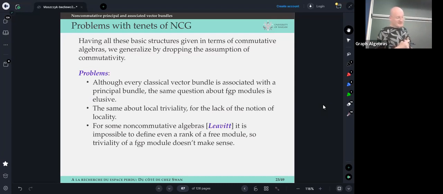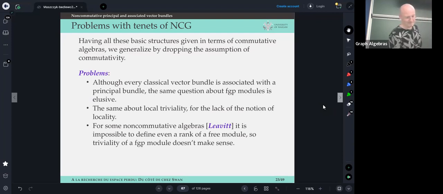So this means that we cannot speak even about triviality of finitely generated projective modules. So we cannot say that our given non-commutative vector bundle is trivial. So how can we then use these bundles to measure the non-trivial topology of our quantum space?